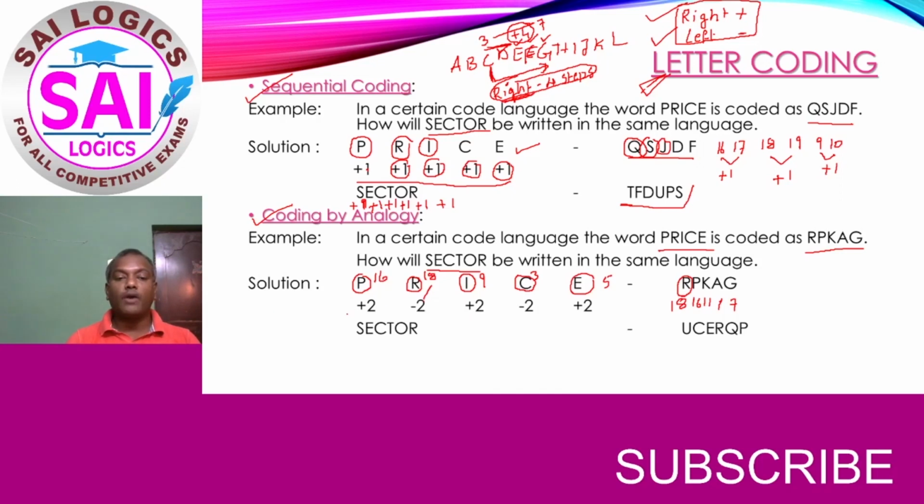So the rule involved is plus 2, minus 2, plus 2, minus 2 and then plus 2.